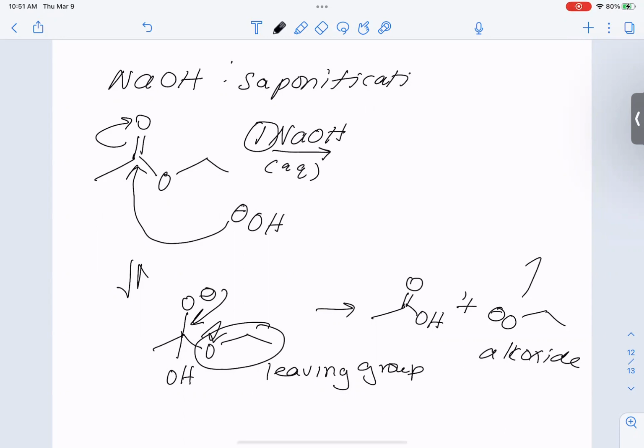The second step of the reaction, we have to add H+ to make that alcohol protonated, and so we will get our carboxylic acid and our neutral alcohol. So there are 2 ways to hydrolyze esters. You do not need to know this mechanism, but you just have to understand that a base can hydrolyze an ester.